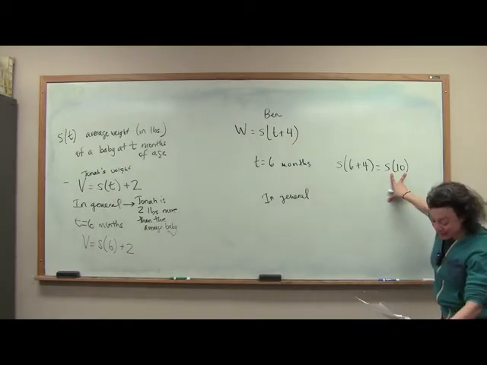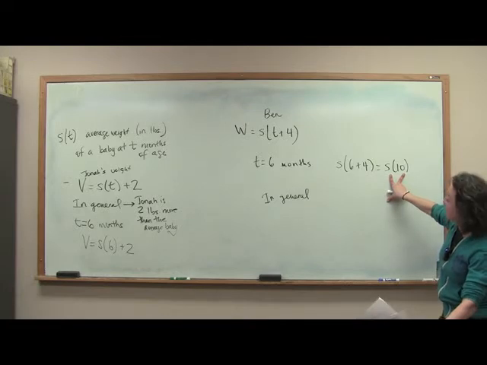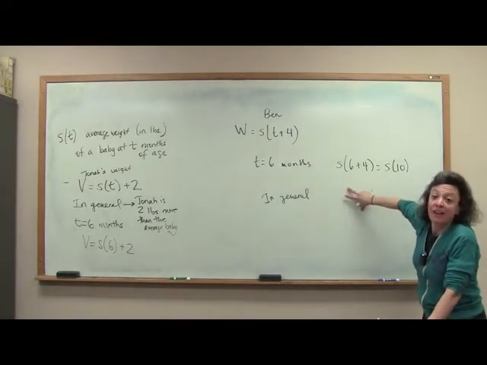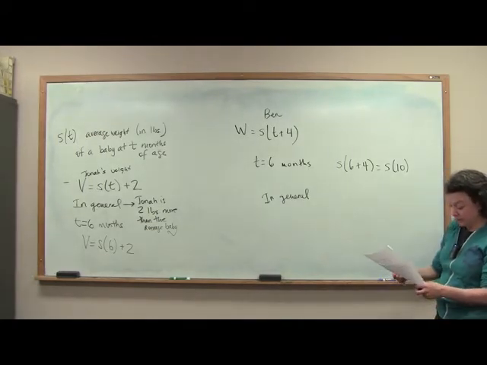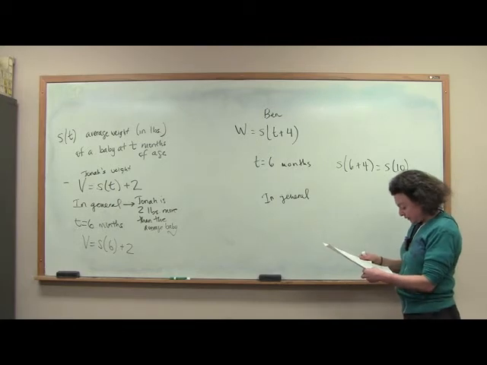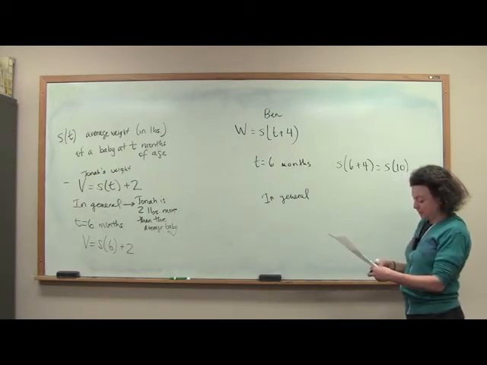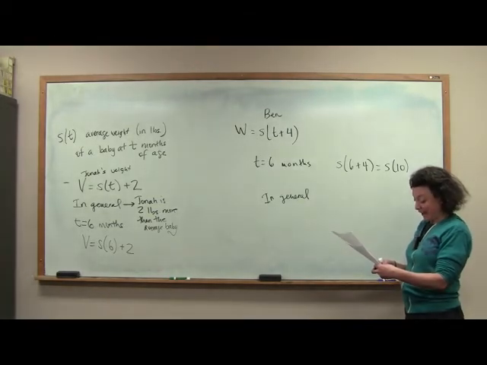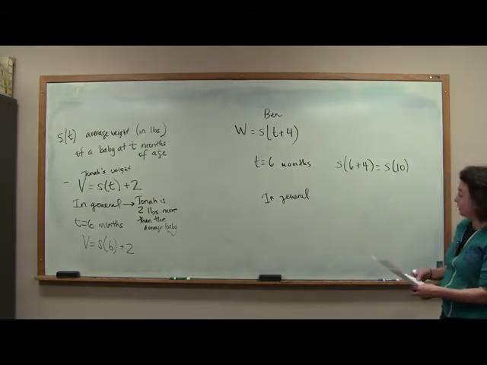So in general, what can we say? We can say that Ben's weight is actually higher than the average for his particular age. What the book specifically asks is, assuming that babies increase in weight over the first year of life, decide if Ben is of average weight for his age, above average, or below average.